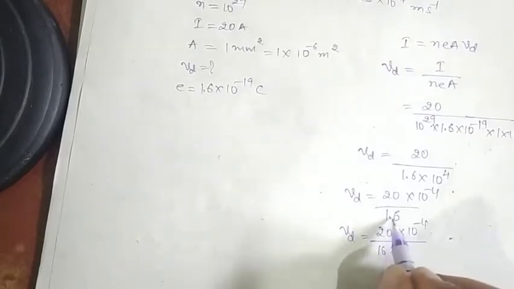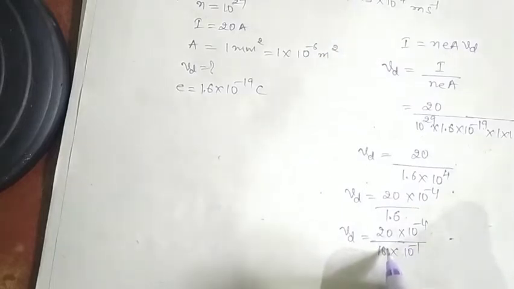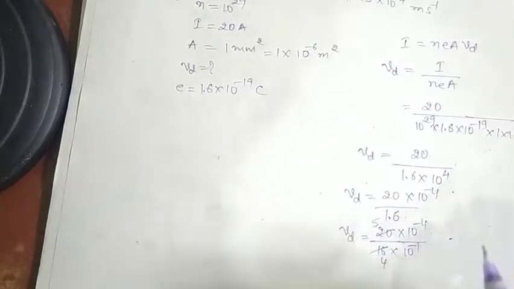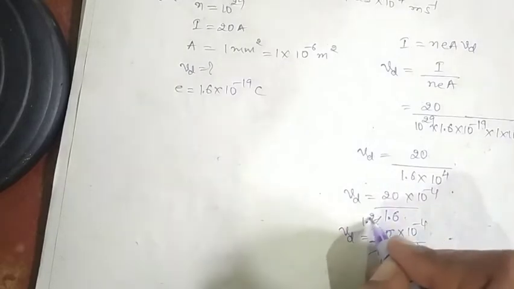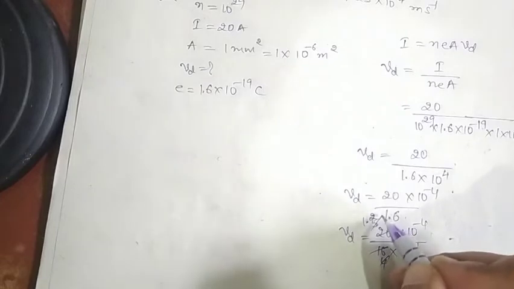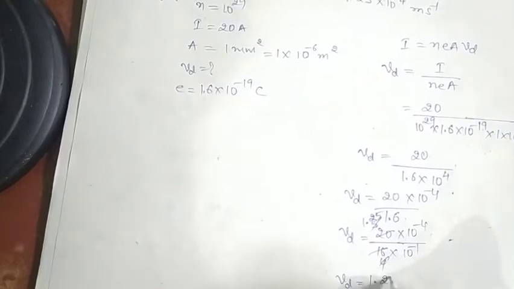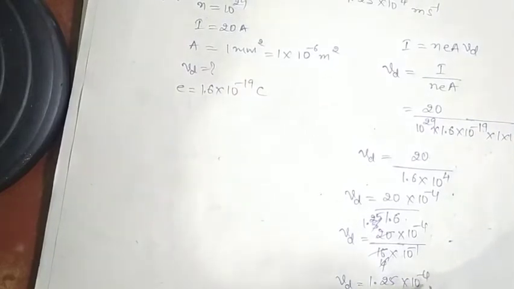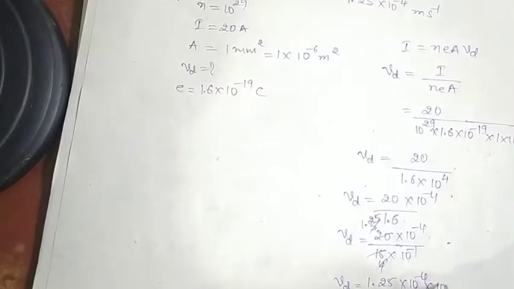In the denominator, if we shift the point towards the right, 10 power minus 1 will be its power. 4 4s are 16, 4 5s are 20, 4 1s are 4, 1 remaining, 4 2s are 8, 2 remaining, 4 5s are 20. Vd should be equal to 1.25 into 10 power minus 4. In the denominator 10 power minus 1 will be there, which can be transferred to the numerator as 10 power plus 1.